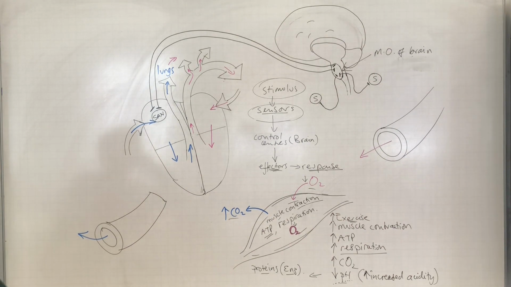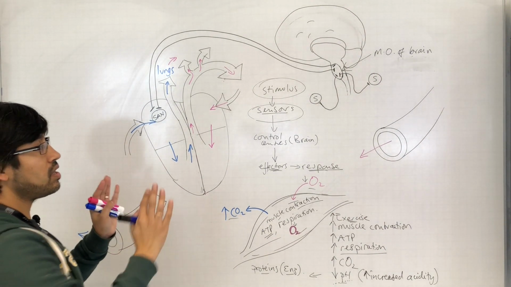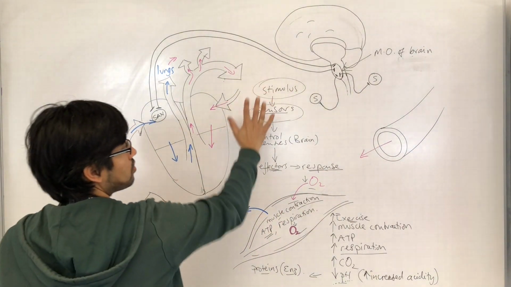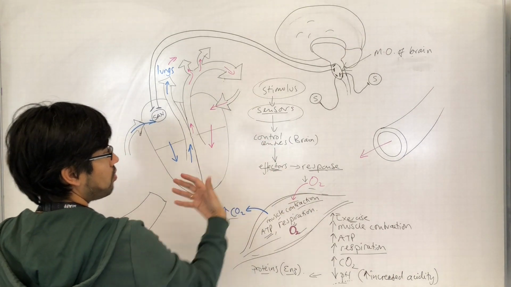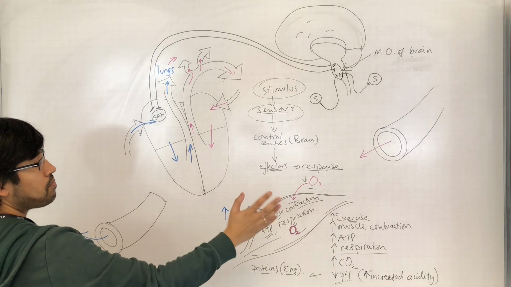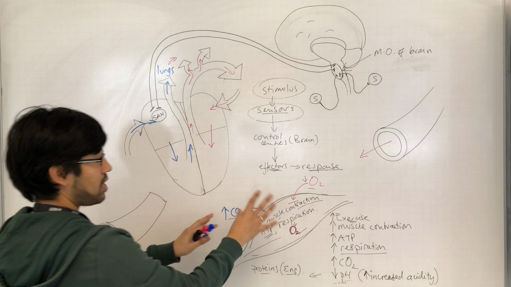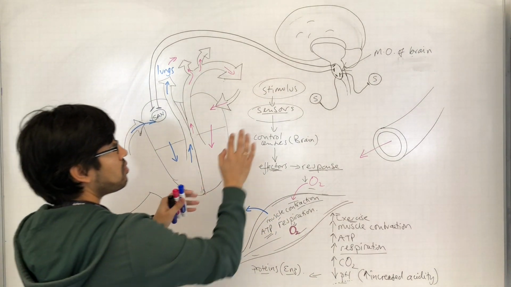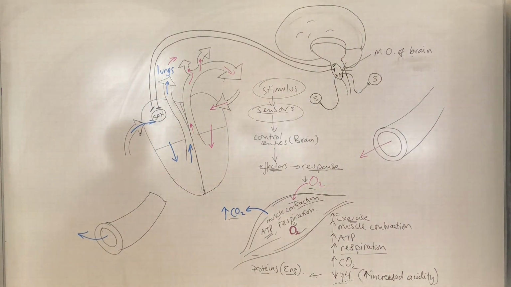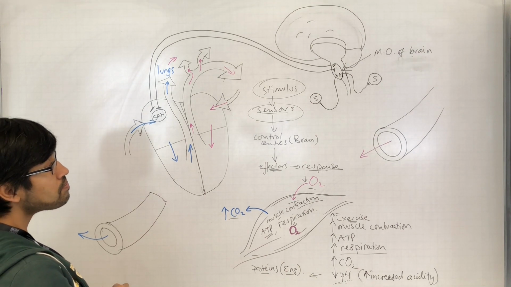And that's another one. Now, for me, this makes sense because you need the system connected up in this way to allow the appropriate response to the stimulus. So we've got our stimulus, we've got our sensors that are detecting that stimulus. We've got the sensors connected via neurons to the control center, the cardiovascular control center of the medulla oblongata of the brain.